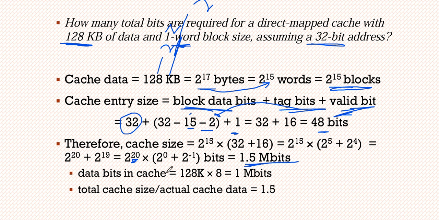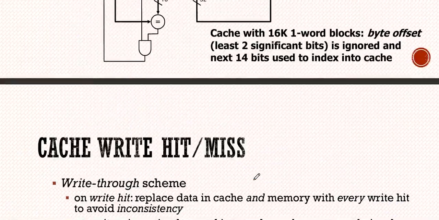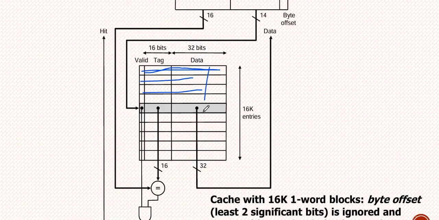However, when we are considering only data, we wanted the cache to store 128 kilobytes of data. So we are considering only data, right? It is kilobytes, so we have to convert it to bits, so we multiply by 8, right? Here, this side is the only data side.